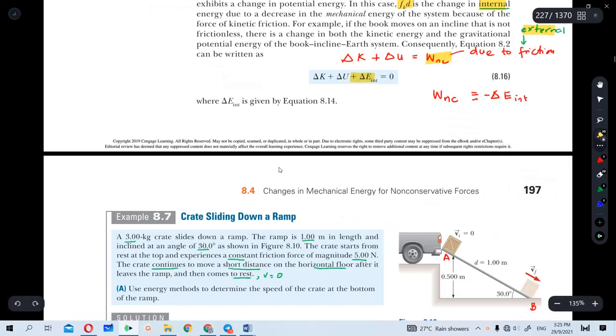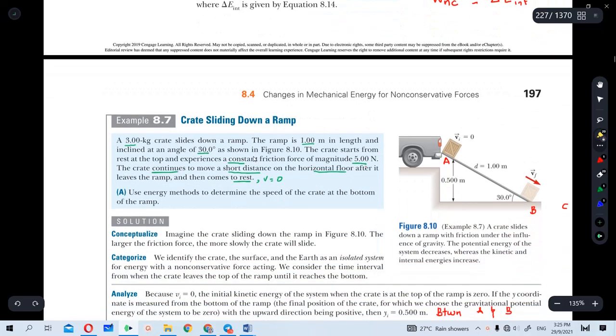Alright, we are going to look at example 8.7. Now, in this 8.7, you will find there is friction throughout the motion. The whole distance of motion, the travelling distance by the object, will have friction. The issue is much easier because we will see there is only one value. We don't need to calculate the force itself.